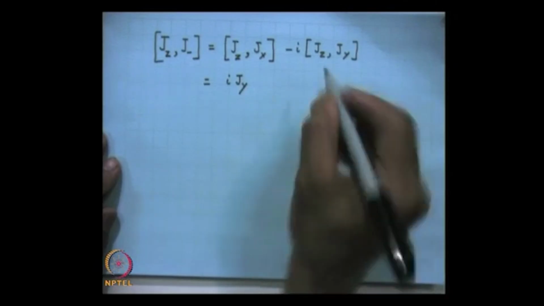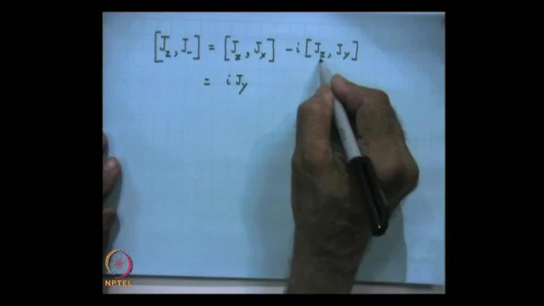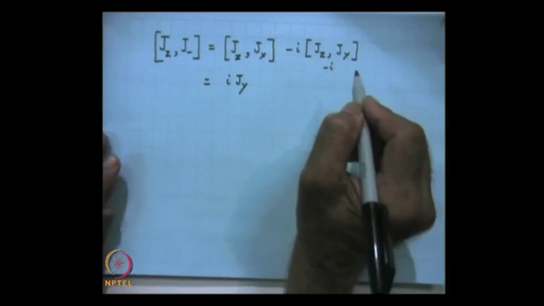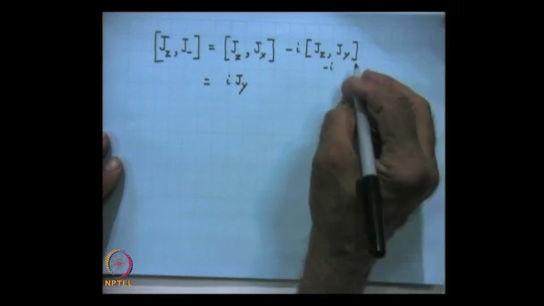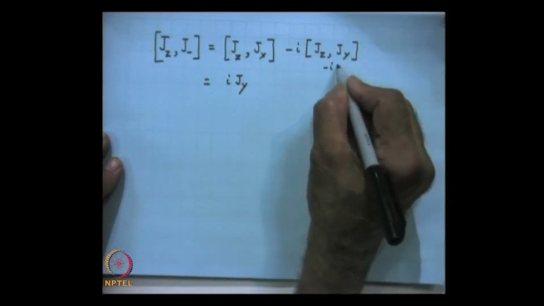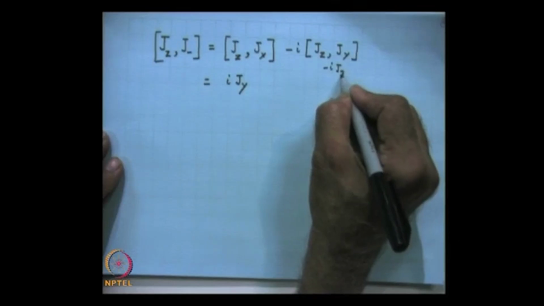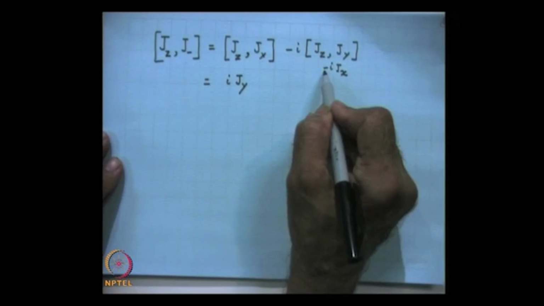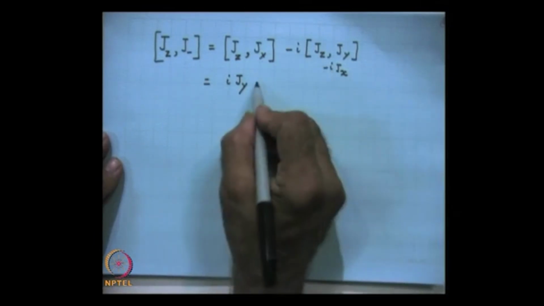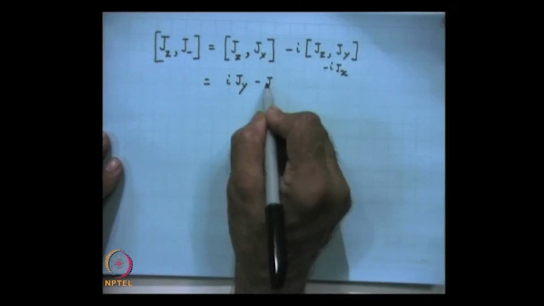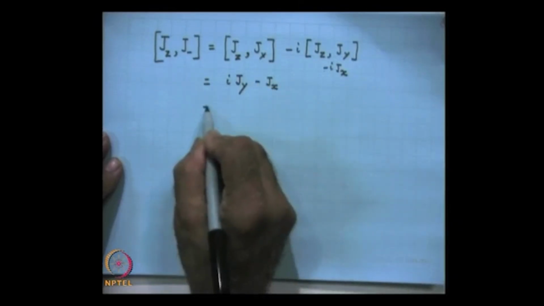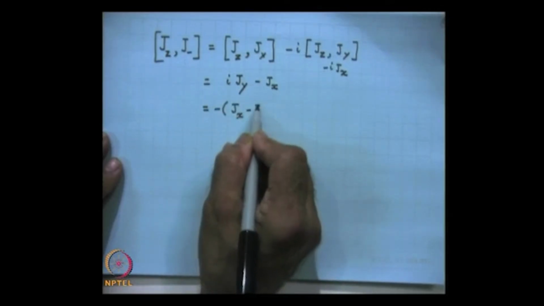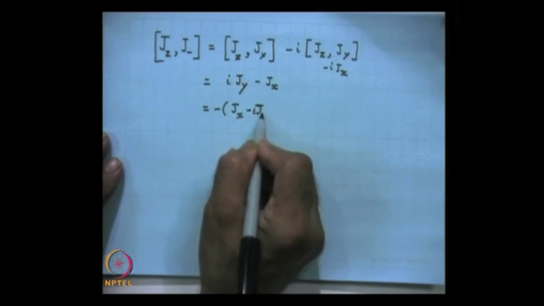and Jz comma Jy will be equal to minus, if you look up the first thing that we wrote down, Jz comma Jy was minus iJx. So, minus minus plus, and i square is minus, so this becomes minus Jx. So, if I take the minus sign outside, I get Jx minus iJy.